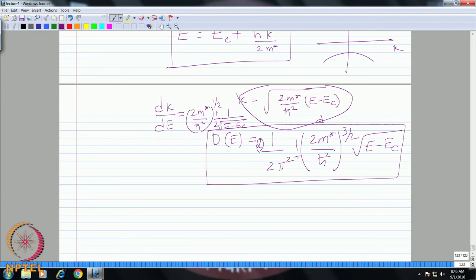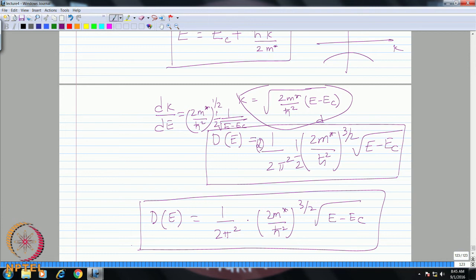Then the 1 by 2 factor will be factored out, and you will have only 1 by 2 pi square into 2 m star by h bar square, whole power 3 by 2. So, this will be your actual density of states for electrons. Is that okay? The spin also has to be accounted for in calculating the density of states. Therefore, it becomes twice of this value. So, I will just mention here accounting for spin.